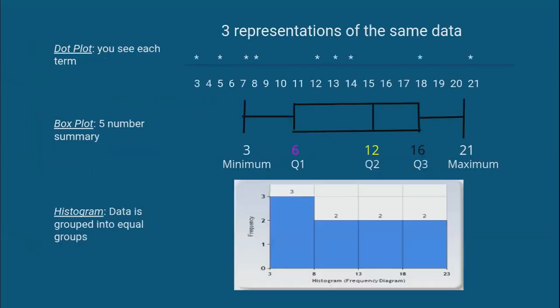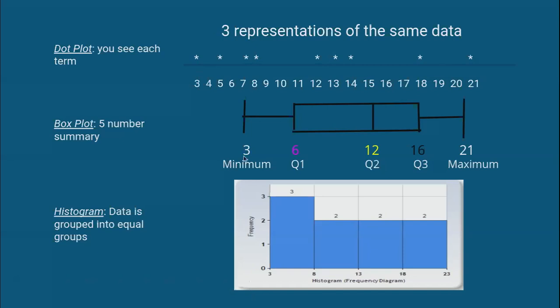All right, so we had 3 representations of the same data. In the box plot, you could see each term without a doubt. Like right now, we don't see what the data set was, but if we needed to, we can tell from looking at the dot plot the exact terms of the data set. The box plot is a 5-number summary. So you can still find out some information here too.